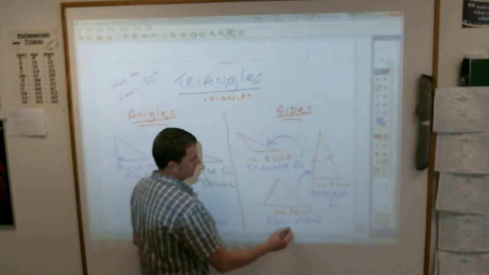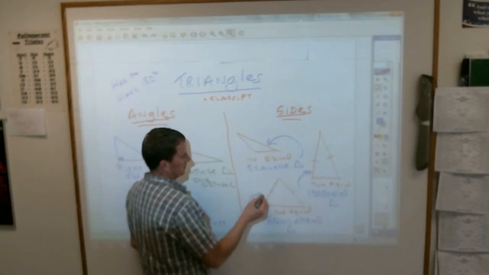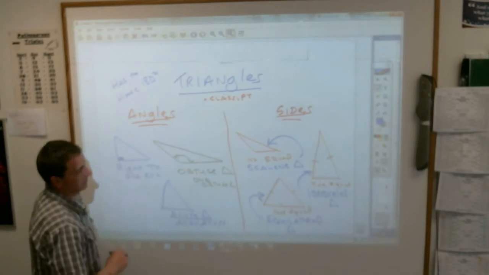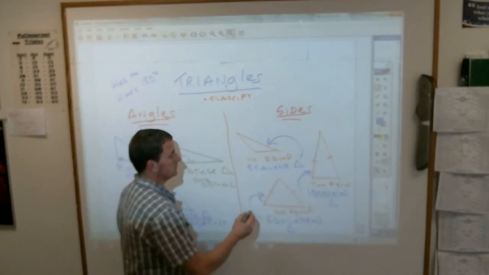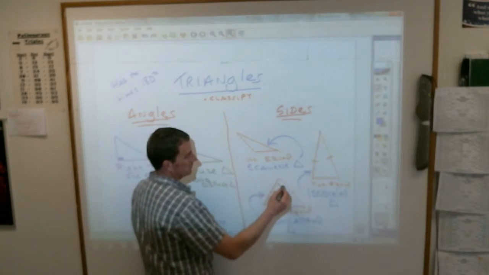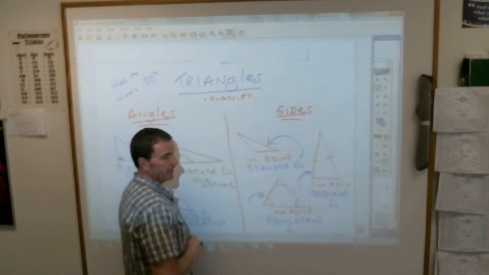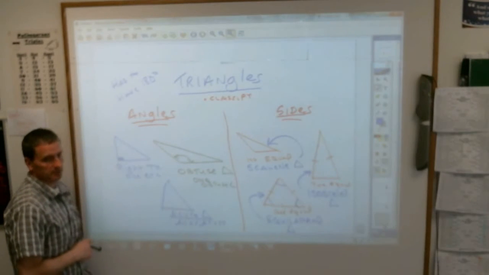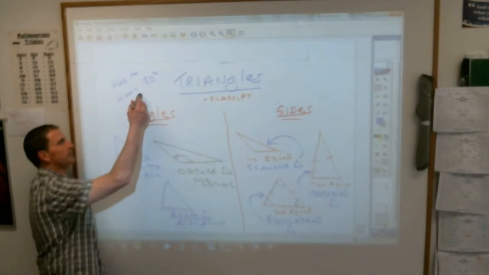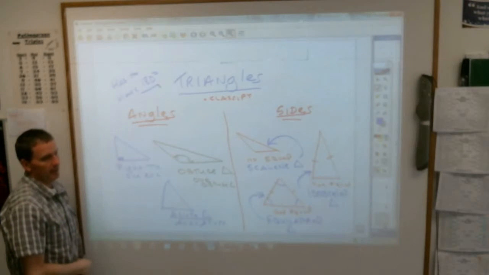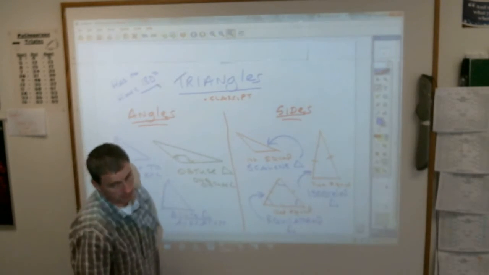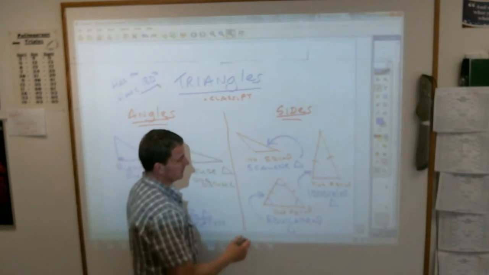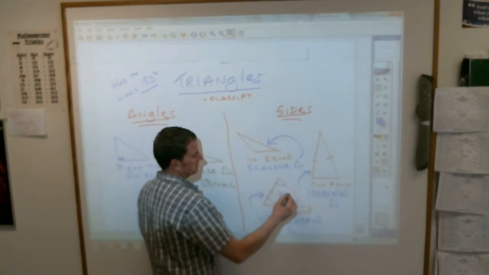And another big fact to know, in an equilateral triangle, not only are all the sides equal, but all of the angles are equal. And if a triangle has all equal sides, and triangles always add up to 180 degrees, every angle in an equilateral triangle will be, Keith Stewart? 60 degrees. Correct, 60 degrees.